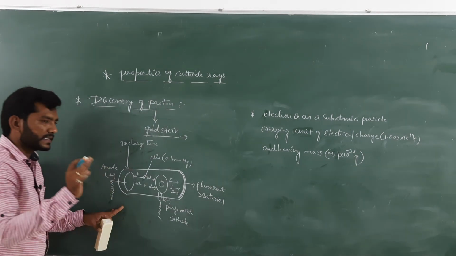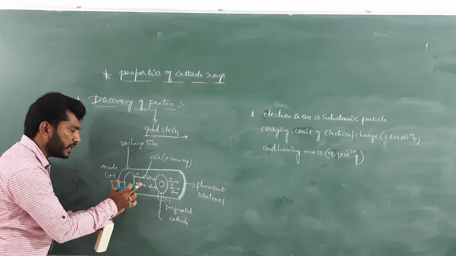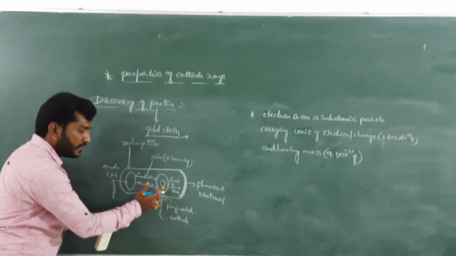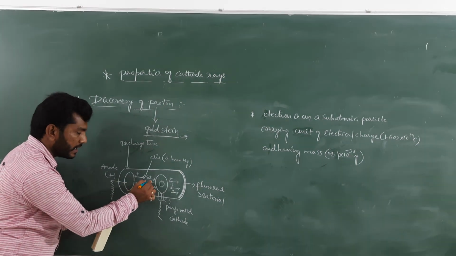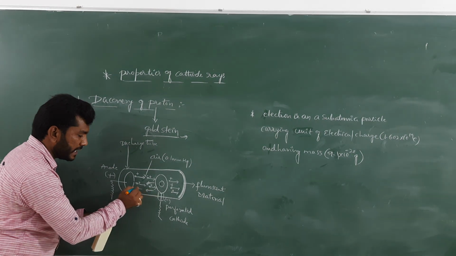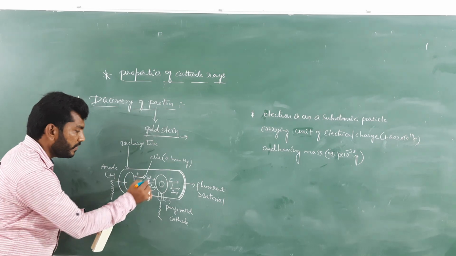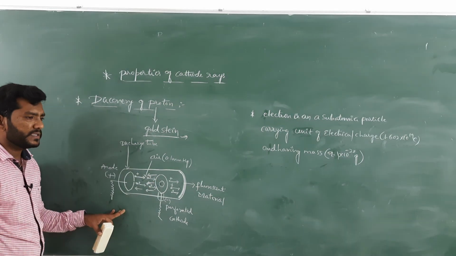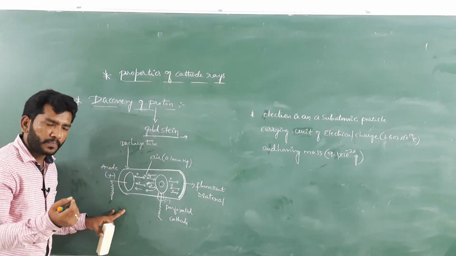Okay, and at the same time, when we have applied 10,000 volts between these electrodes, from anode to cathode some positive rays are moving, and at the same time from cathode to anode some rays are again traveling. Okay, so this normal arrow mark indicates the movement of cathode rays. Why? Because if we are using any particular gas, then electrons are there and protons are also there.